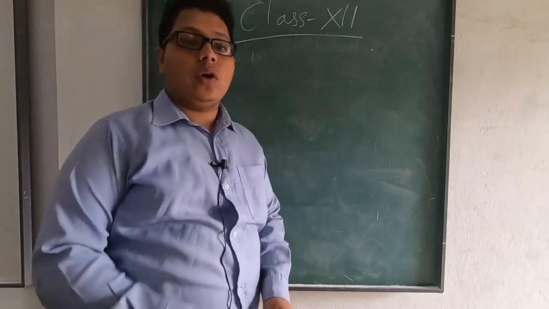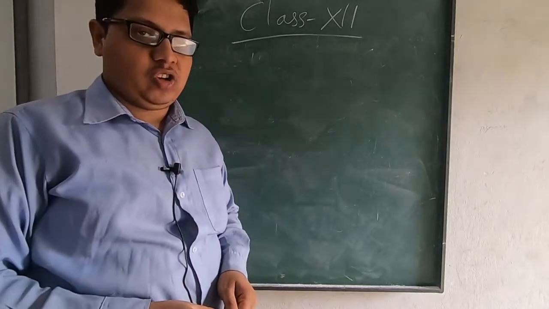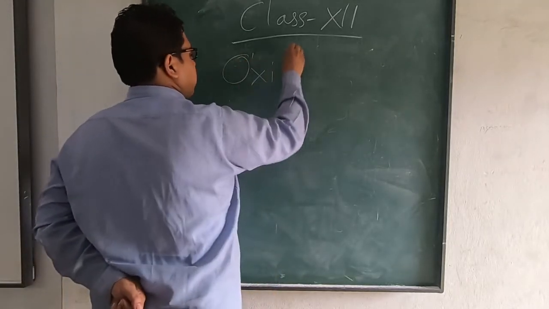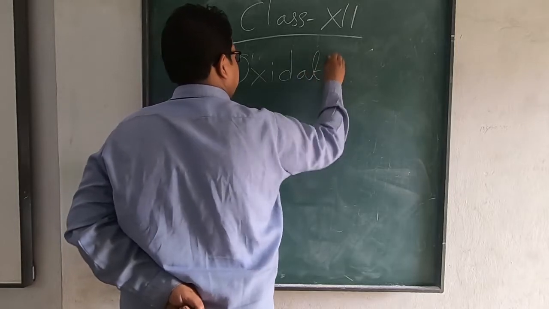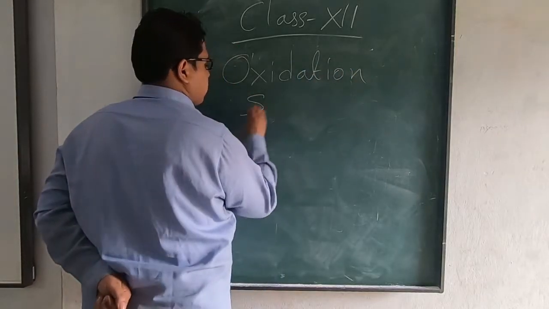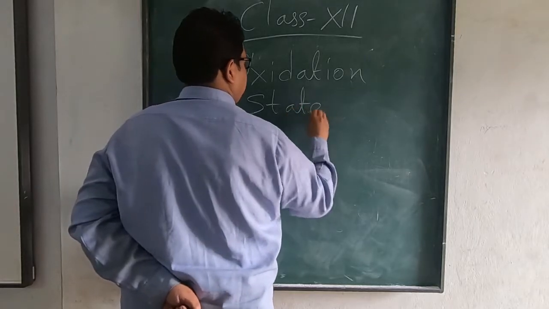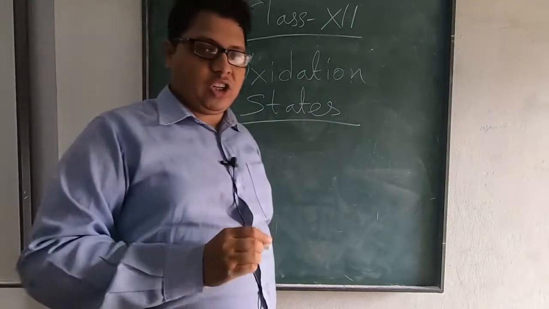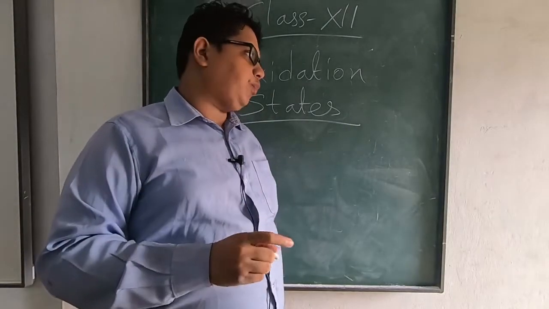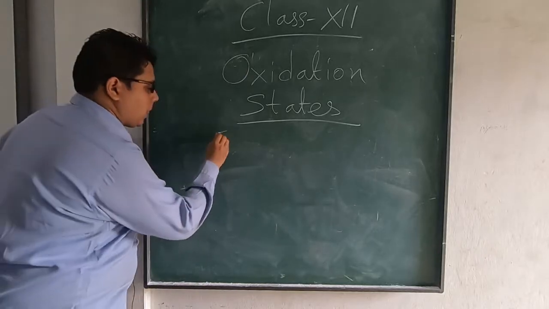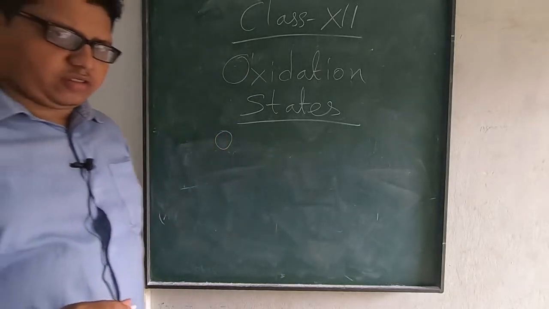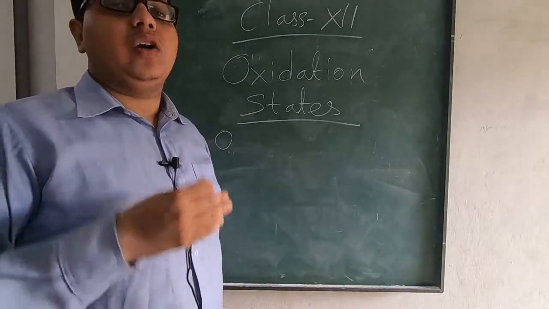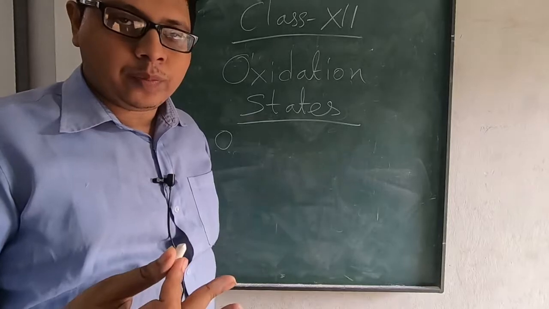Now let us talk about oxidation states. If we are talking about oxidation states, we need to remember that oxygen, the first member of this group, can only show an oxidation state of -2.